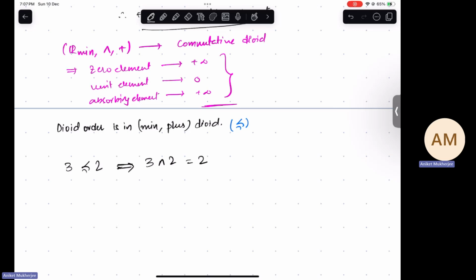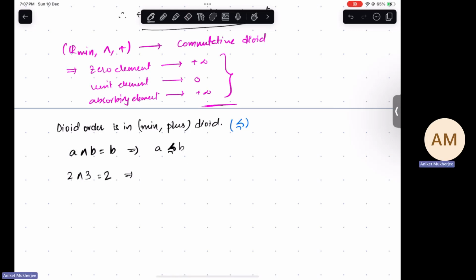So when 3 min 2 is 2, let me write this the other way. So we have if a min b equal to b, this implies a is less than or equal to b in the dioid order, right? So we have 2 min 3 equal to 2, which implies 3 is less than or equal to 2 in the dioid order, right?